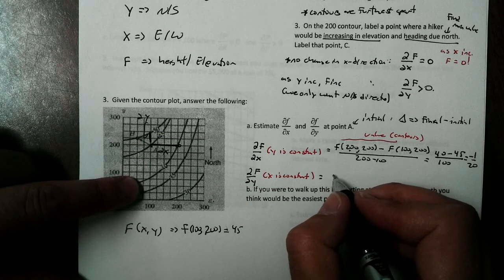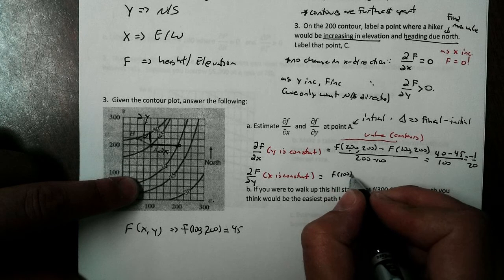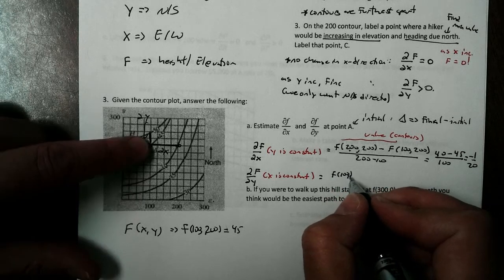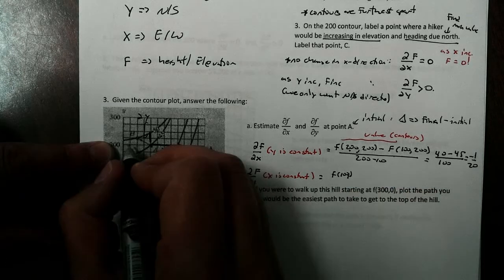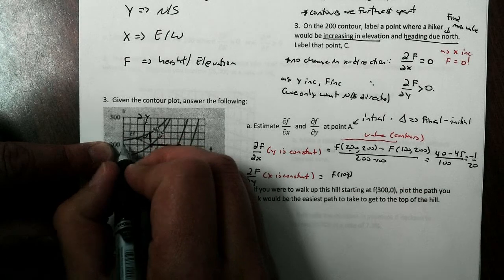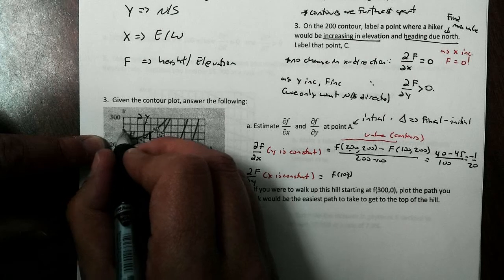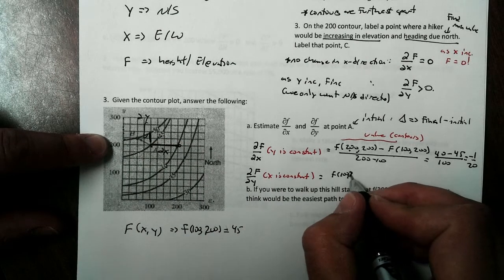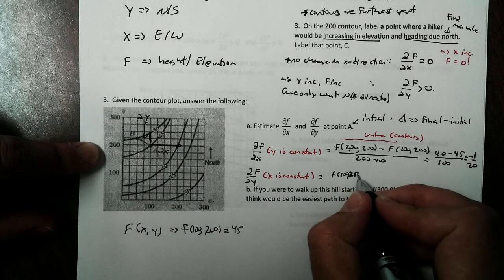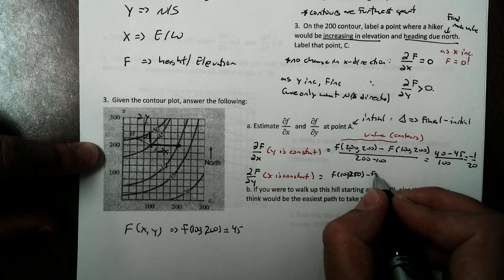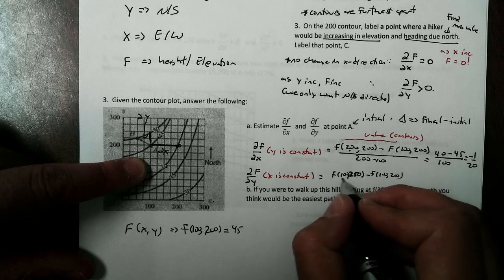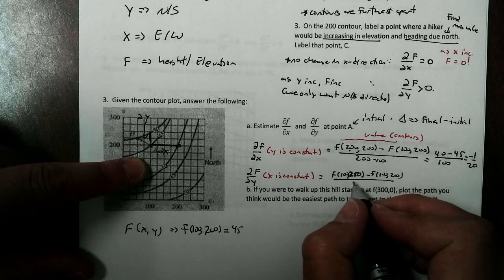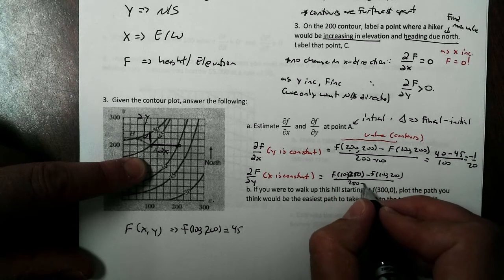My first one is going to be f of my x value 100, comma, about 250, minus f of 100, 200, over my change in my y values, 250 minus 200.